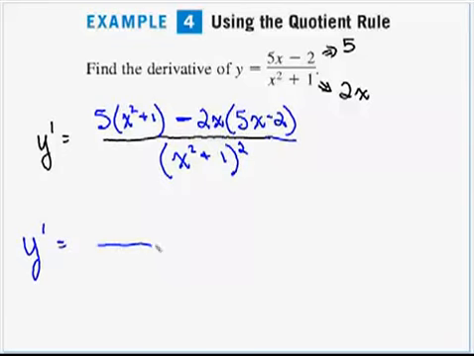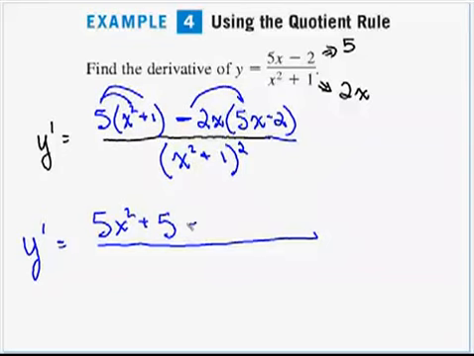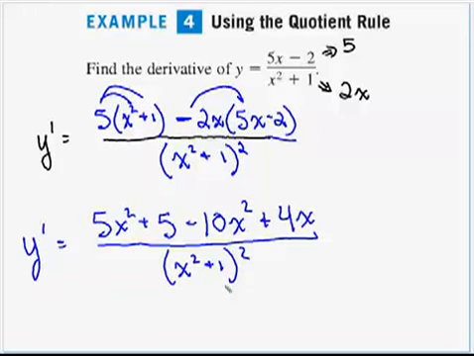Let's distribute the 5 and the 2x across those parentheses. So at first here we're going to have 5x squared plus 5. And then distribute here, and don't forget we're distributing the negative also, so that's going to be negative 10x squared plus 4x all over low low, our denominator squared.